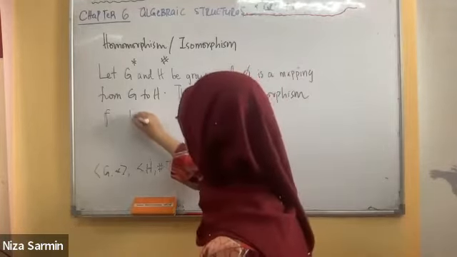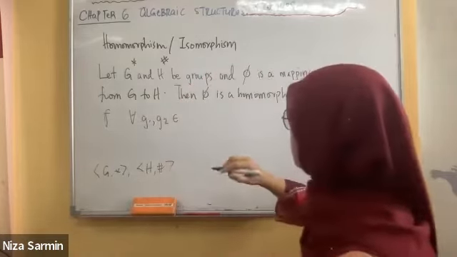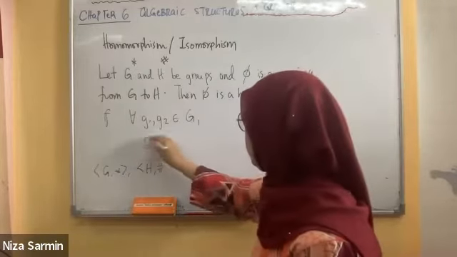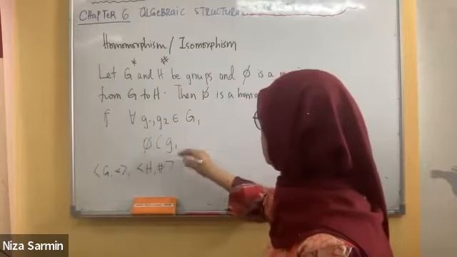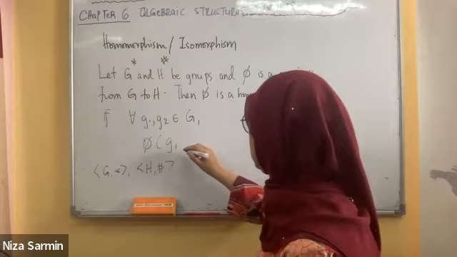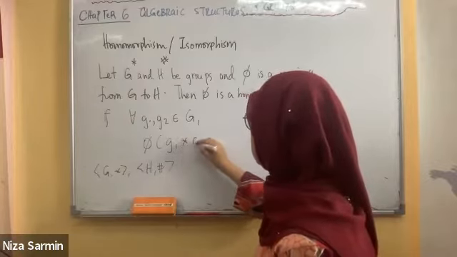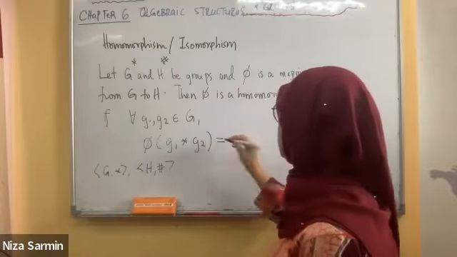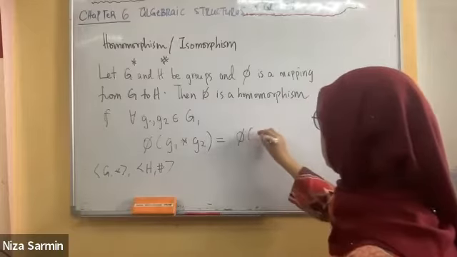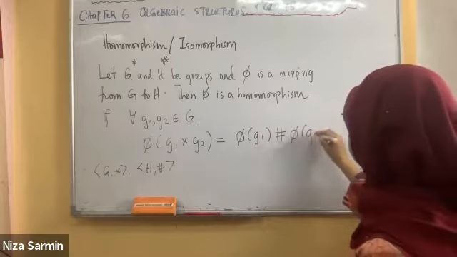If for all G1, G2 in G, Phi of G1 G2 is Phi of G1, Phi of G2.